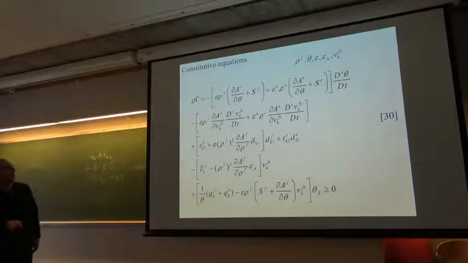I think I even have thrown away dependence of free energy on porosity and the gradient of porosity. I only kept the dependence of free energy on velocity differences and on density, and that's right, okay?